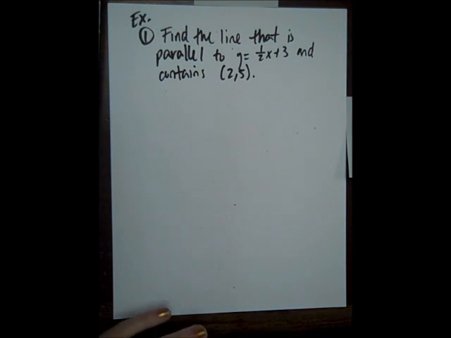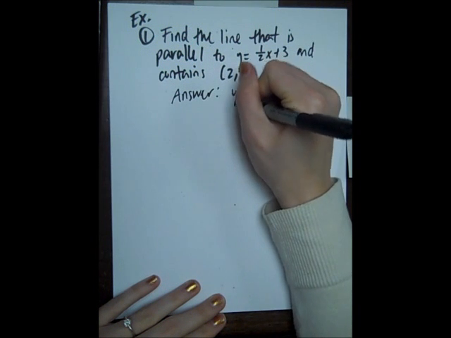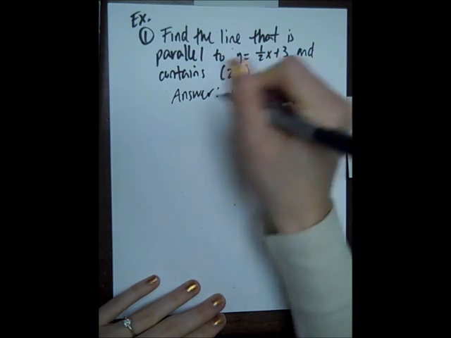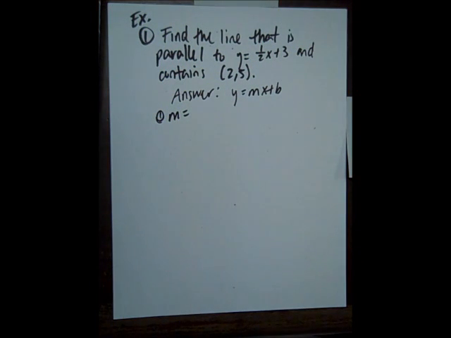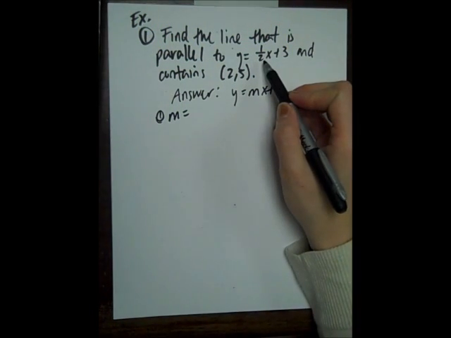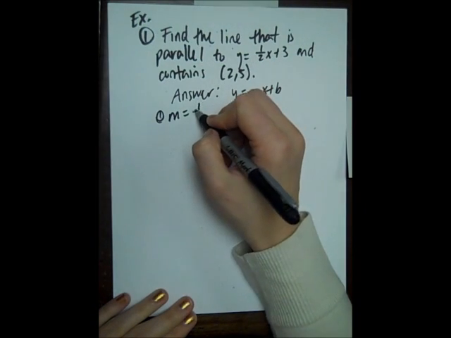So we're trying to find the equation of a line, so automatically our answer is going to be y equals mx plus b. Two things to find. First I got to find m, secondly I got to find b. So let's start with m. If I'm trying to find the slope of my line, and my line is parallel to the given line, that means the two slopes have to be the same, so the slope of my line has to be 1/2.